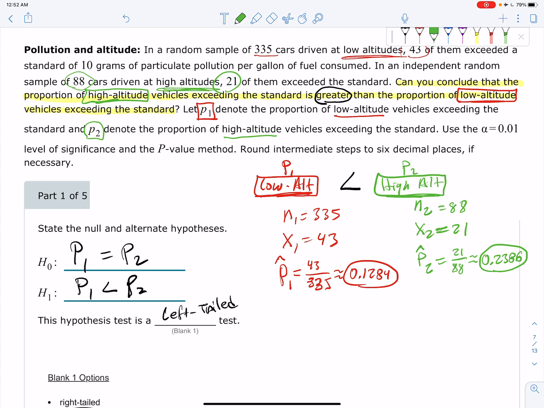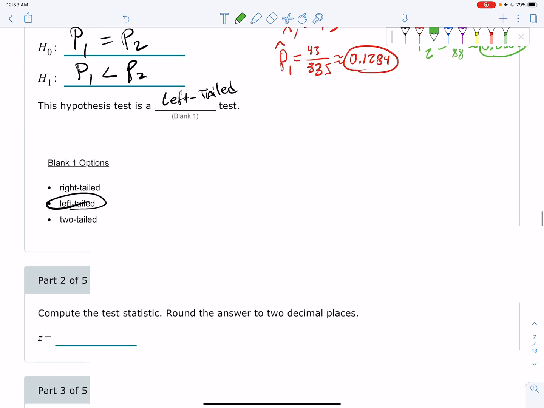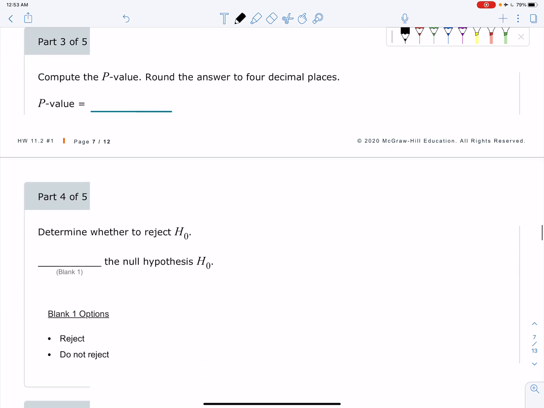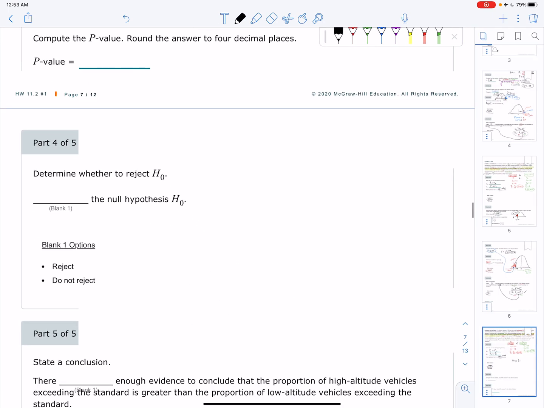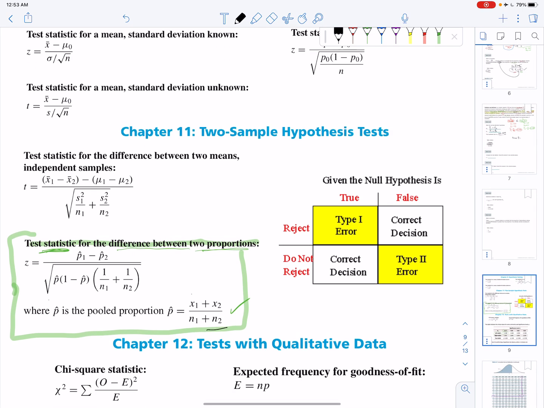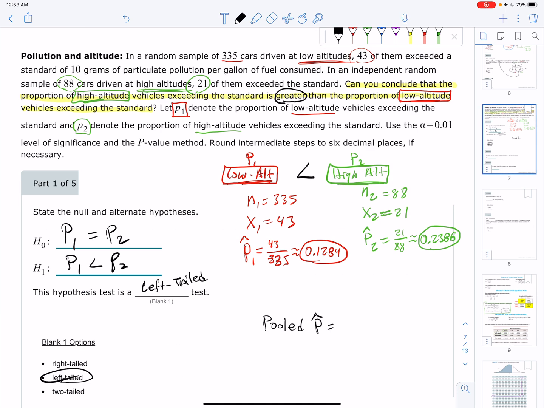Okay, I needed all that to compute my test statistic. I also need to figure out the pooled sample proportion. With these two populations, I have to pool them together. And remember, the formulas are right here, and you can use them. This is what I'm working on right now, trying to figure out my pooled proportion, and that's not too bad.